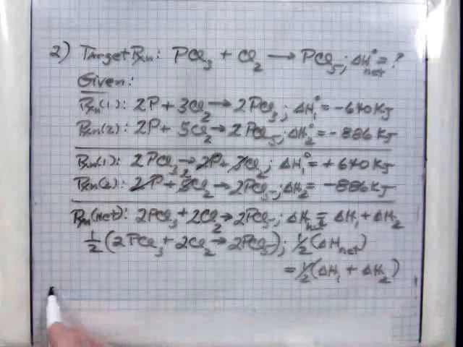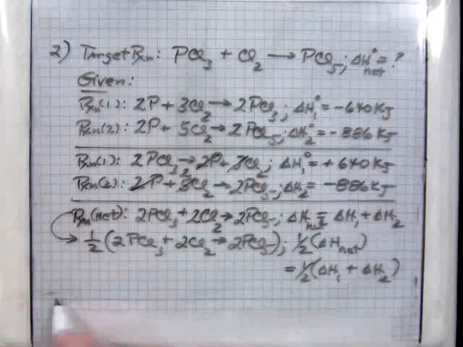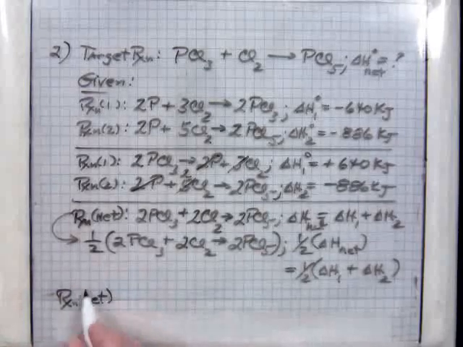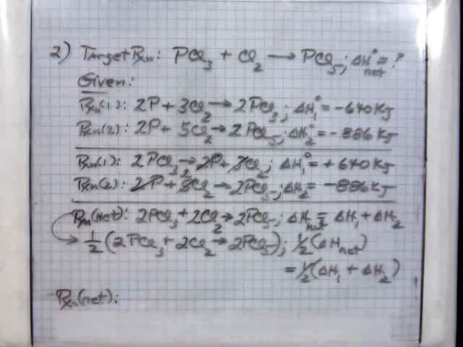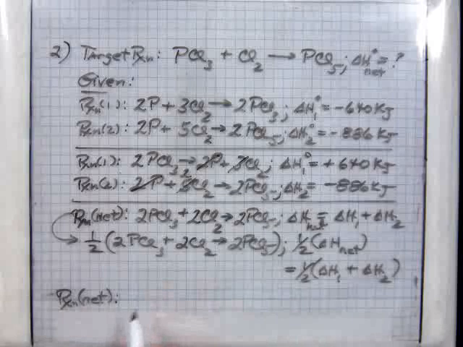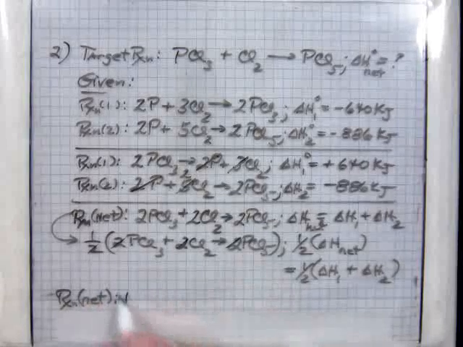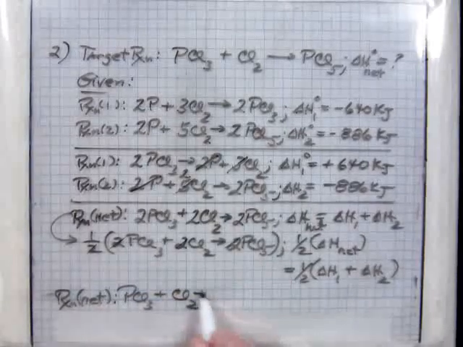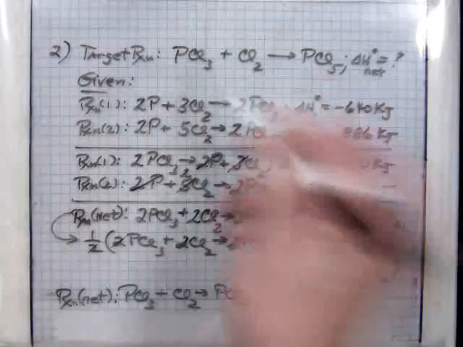So this gives us a reaction net. Now, yes, you have to go through all these little details in order to solve one of these. So that gives us the net reaction of PCl3 plus Cl2 going to PCl5, which matches our target reaction.